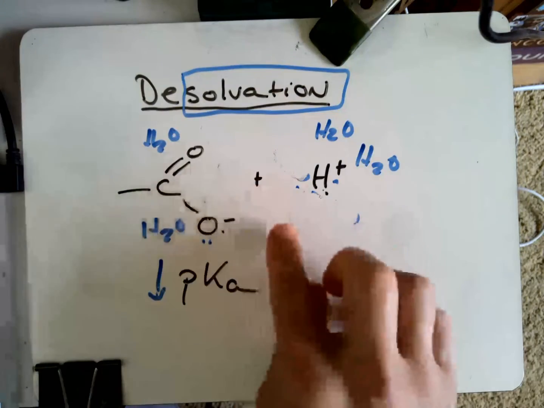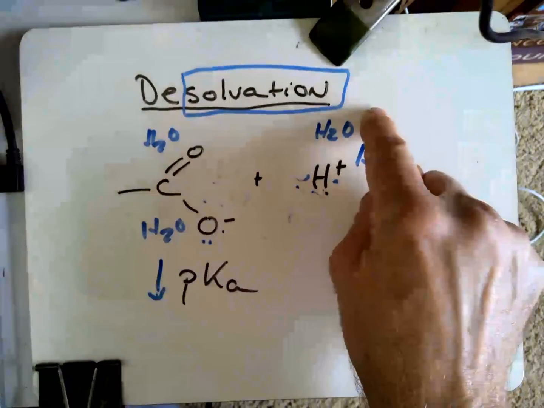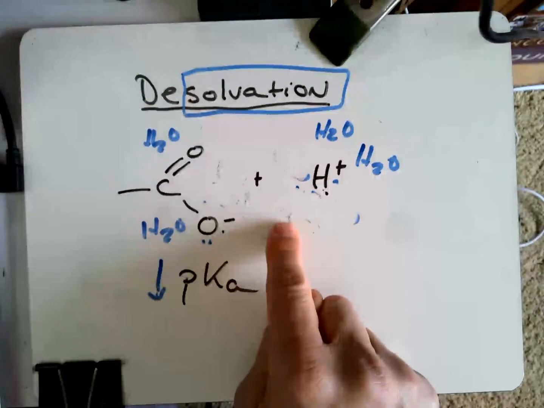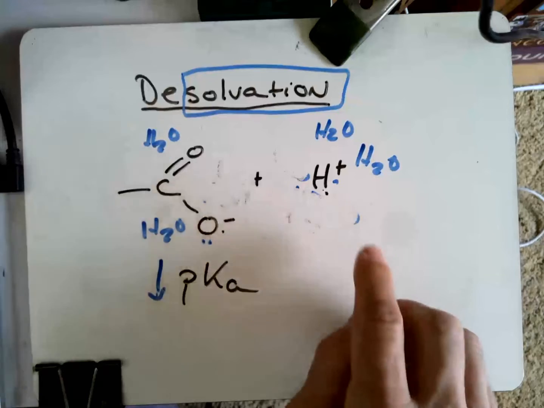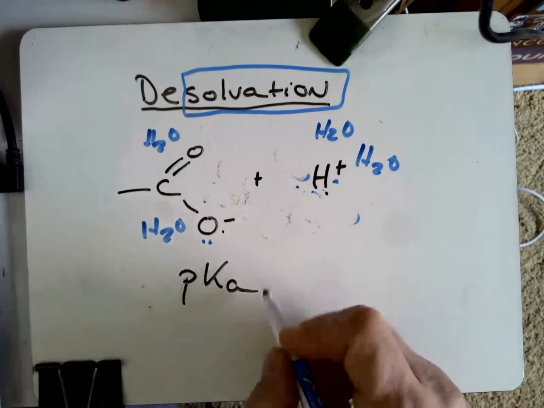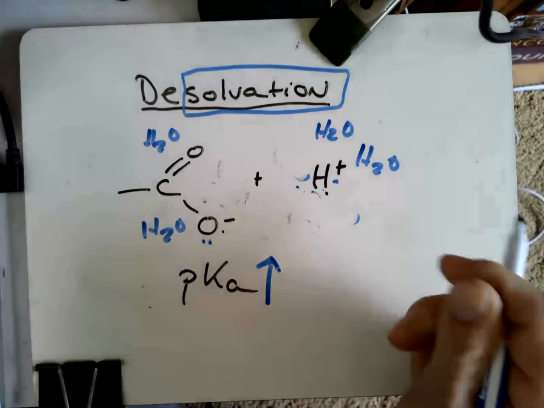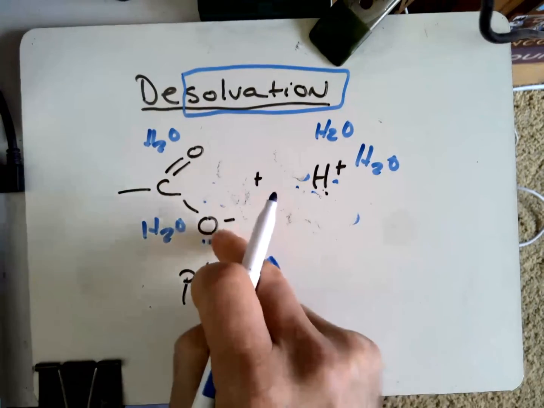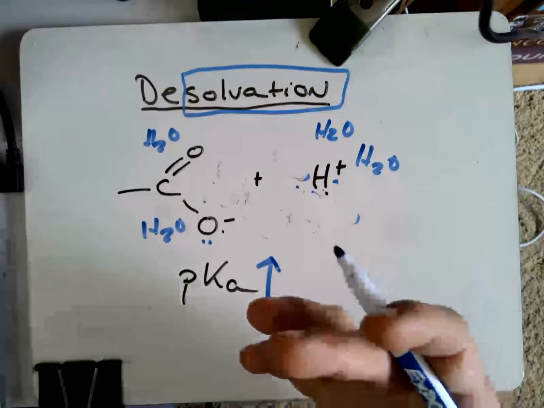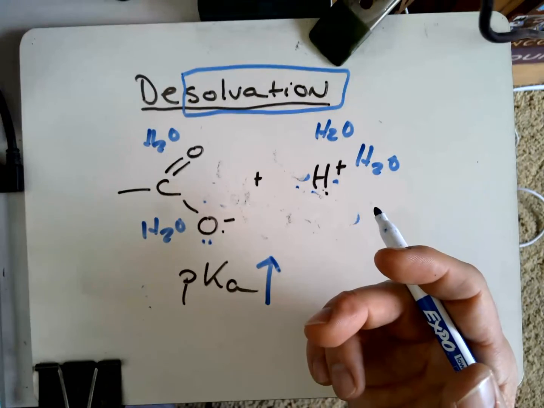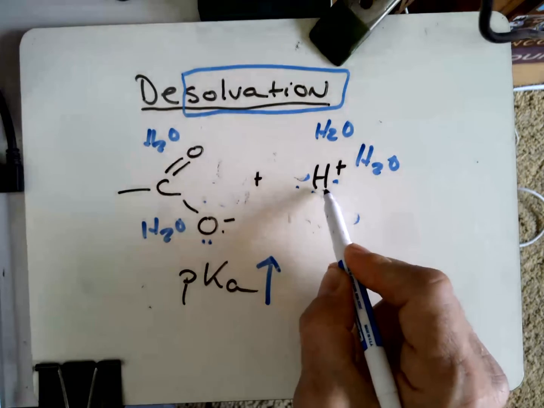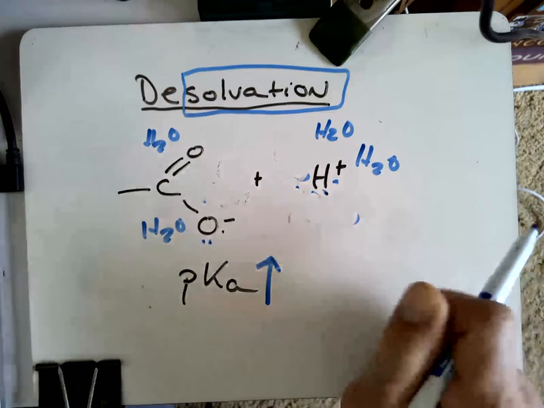And when you desolvate, you remove those hindrances that are keeping that O minus and H plus from interacting. And so what desolvating does is it increases the pKa of this carboxyl group. It increases its basicity, meaning that it now has a higher affinity for that proton to become OH with no charge.